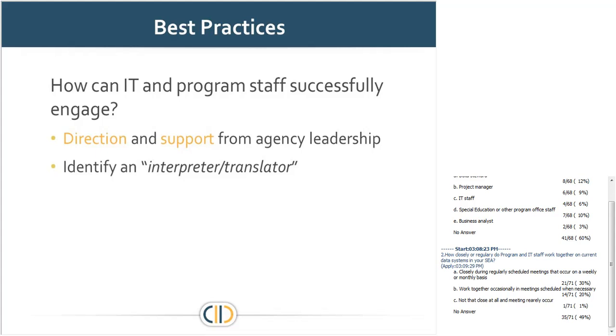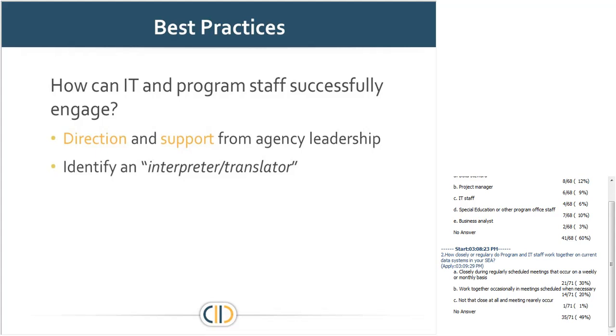And really this is intended for all you IT folks on the phone and all you program office folks on the phone. I don't mean to step on any toes, but I know if you've been on the program side and you've talked to an IT person, they have a tendency to veer off into a whole other language when it comes to IT lingo.